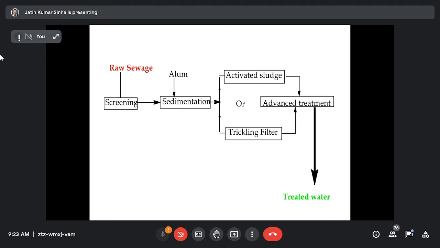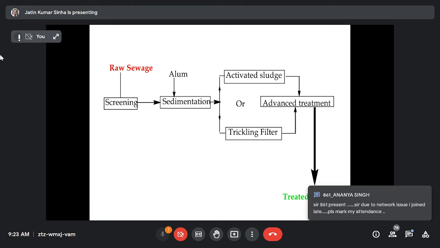There are different ways of removing these physical impurities from the water. Then after the screening stage, it goes for the sedimentation process. The sedimentation process is done chemically. For that we use alum. There are different types of alums being used. The main purpose of alum is that it segregates all the particulates and deposits from water. So they collect.